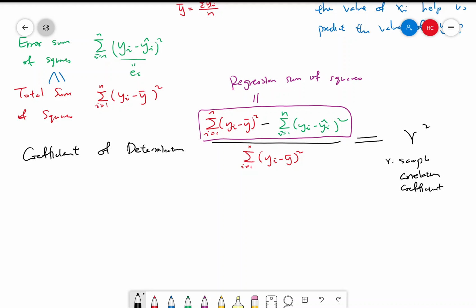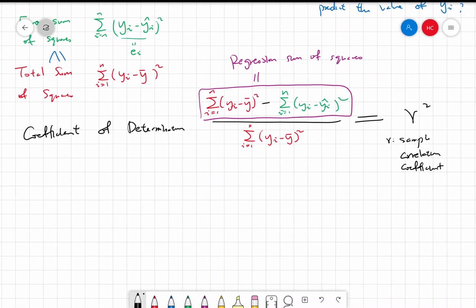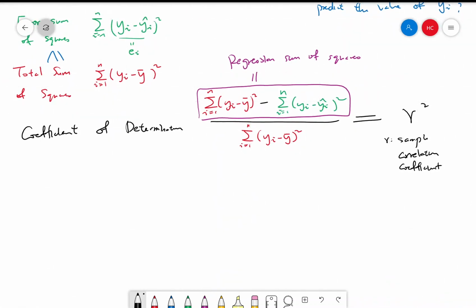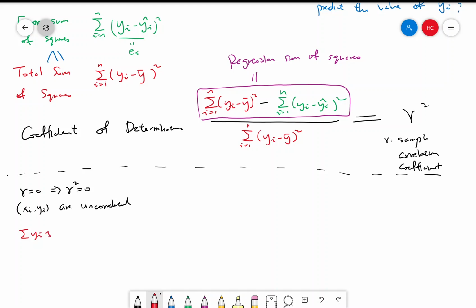So there's a relation between R and these errors. So let's look at some extreme cases. If R is 0, which means R squared is 0, well, that means because the correlation is 0, this means xi and yi are uncorrelated. And because r squared is 0, that fraction over there is 0, which means that the red error is equal to the green error.